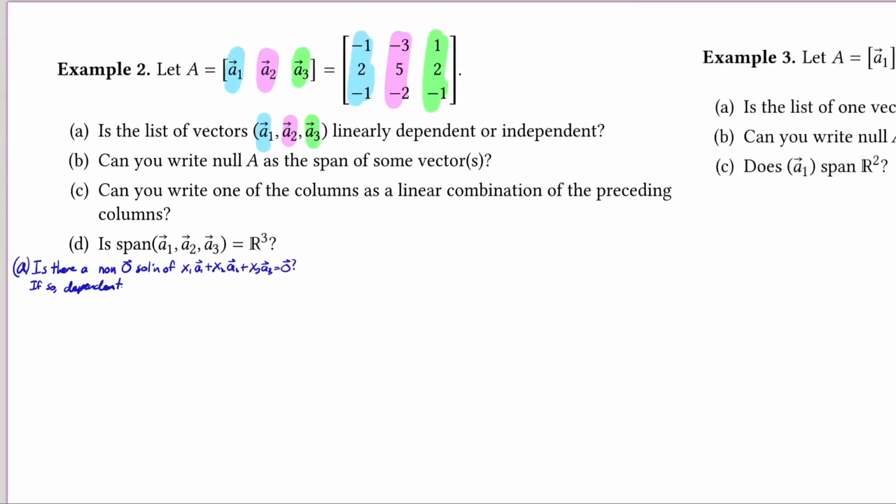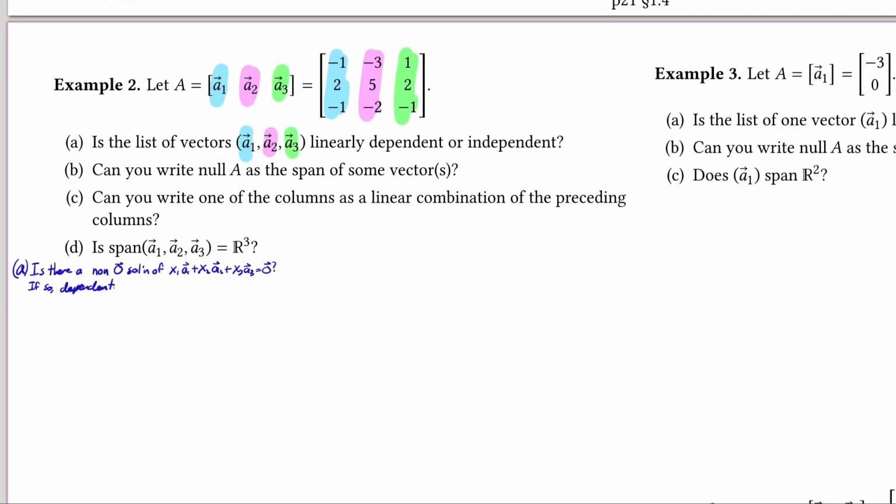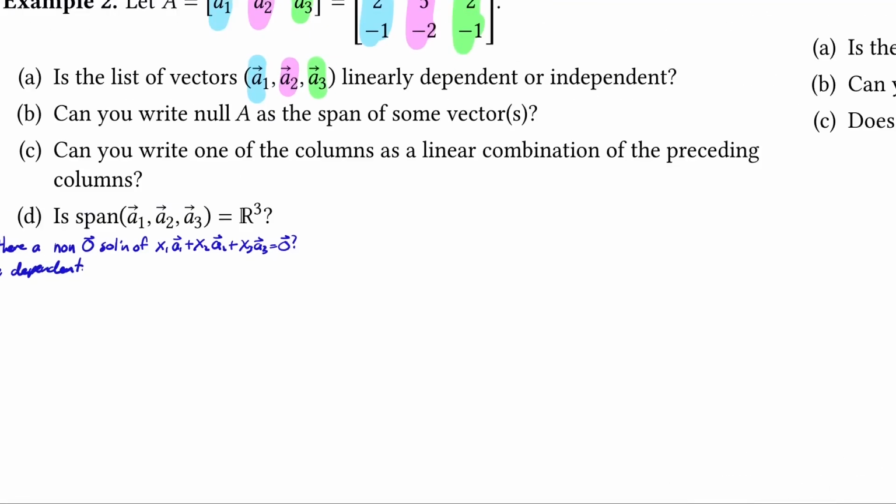So that's the question. Is there a non-zero solution of this vector equation? And we've seen a bunch of times by now, I'll skip the steps, that this vector equation is the same as the system of equations that looks like so.